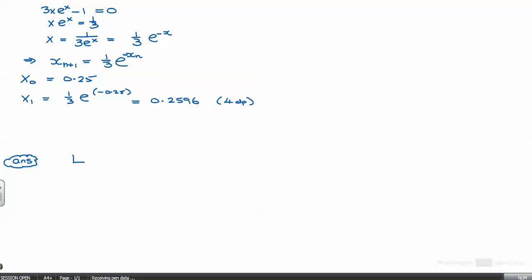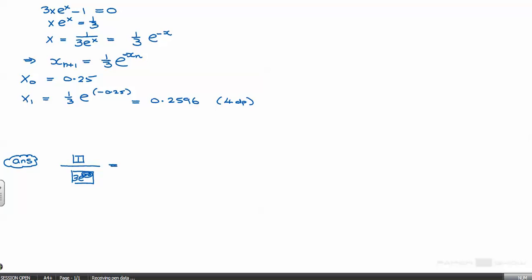So I'm going to use the fraction button on the calculator, and at the top of the fraction I put in 1, and then at the bottom 3 e to the power minus ANS. So I'm going to use the ANS button instead of a value of x.